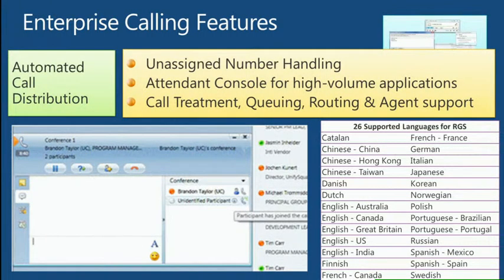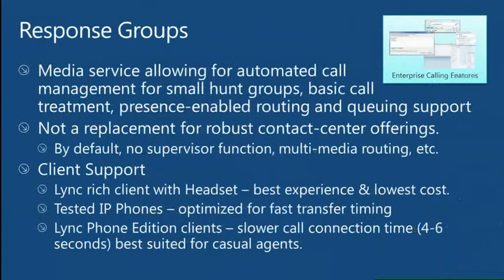That lower left-hand corner is our attendant console that is really designed to be able to quickly move through and triage calls in an efficient manner. And then finally, we have a whole set of capabilities that we wrap around a name called response groups that deal with call treatment, call queuing, and call routing.